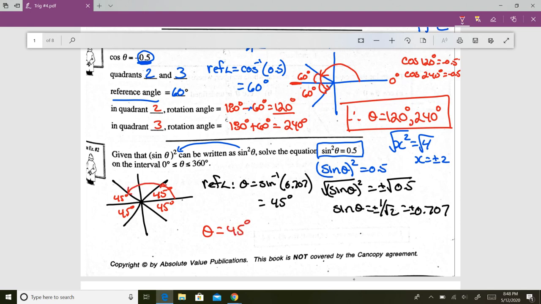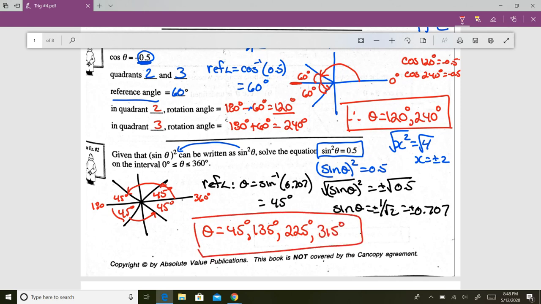If we keep going to there, remember that's 180, so 180 minus 45 is going to give me 135. 180 plus 45 will be 225. And if you keep going to there, well, I know this is 360 if you go all the way around, so 360 minus 45 will be 315 degrees. So 4 possible answers.